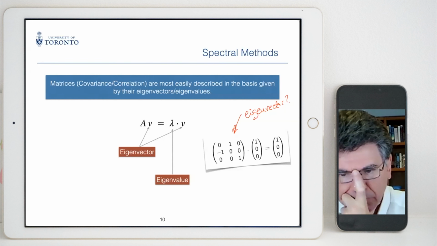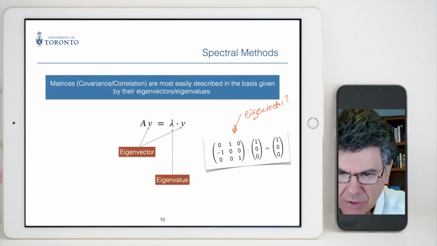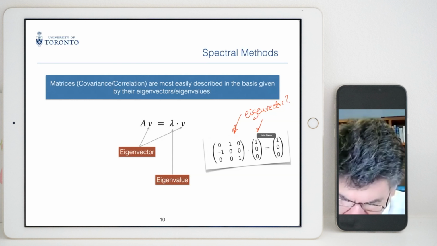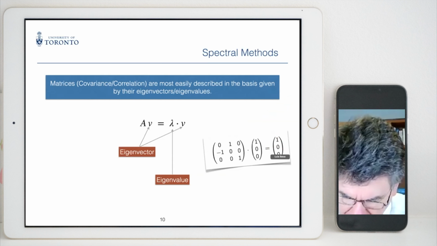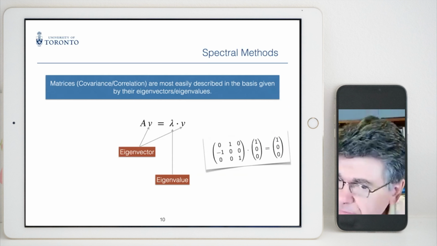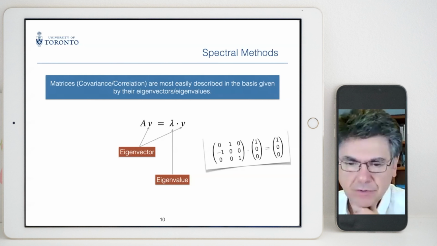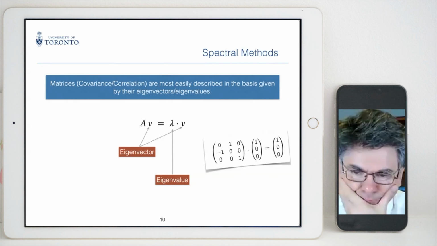No, B is 1, 0, 0. That's the one that I have here. This is not true because this multiplication is this. So this is not the case. It's a different vector. The eigenvector is not 1, 0, 0 because there's a mistake. So let's ignore that.